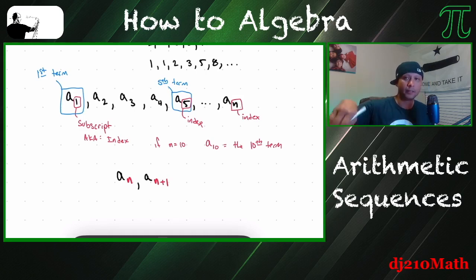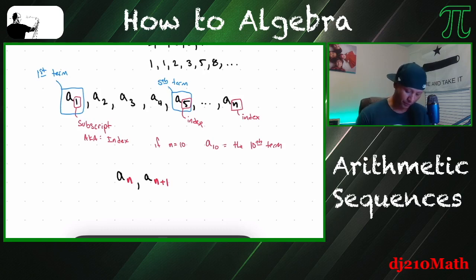And then the next one would be n plus 2, right? N plus 3, n plus 4, so on and so forth. So it's a way of ordering or assigning an order to a list of numbers.